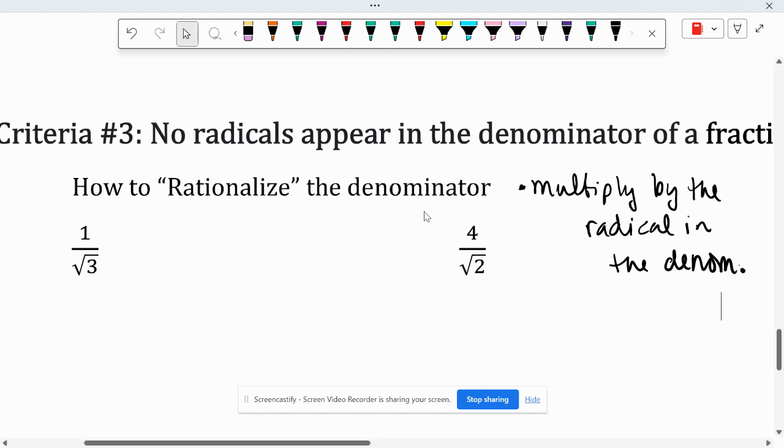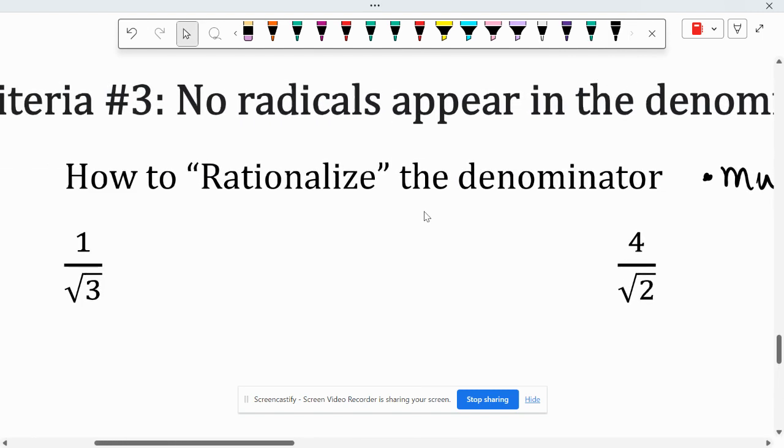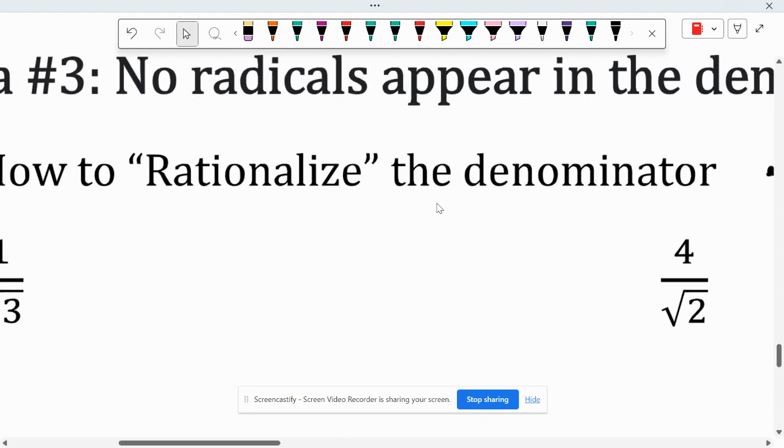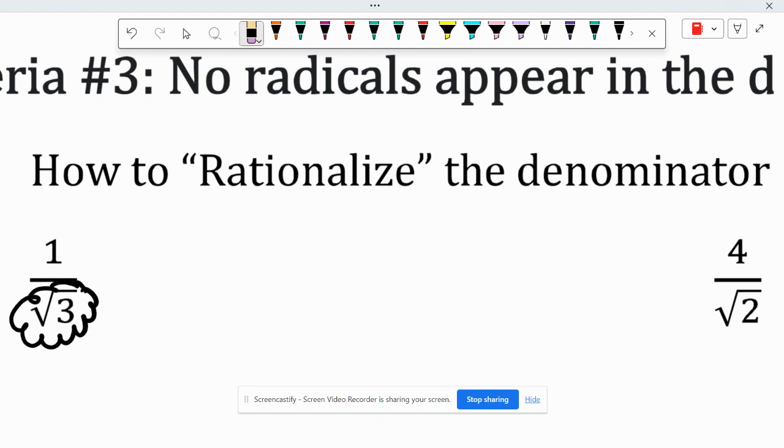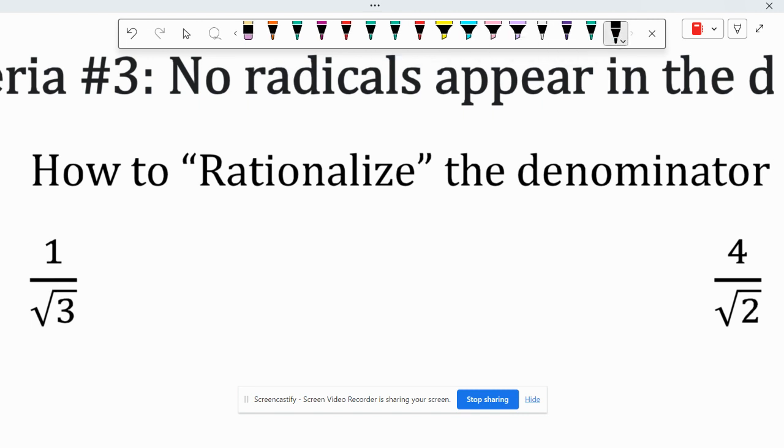What is the radical sign in the denominator? What's the value of the radical in the denominator? Guys, what is that number? It's the square root of 3.